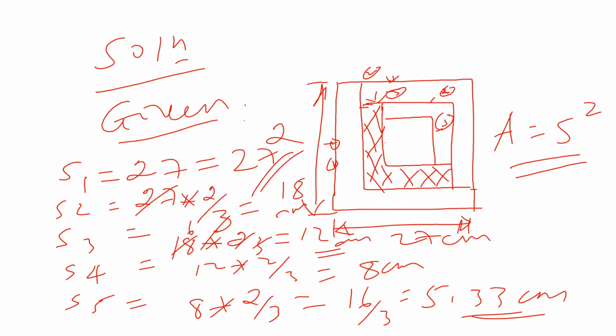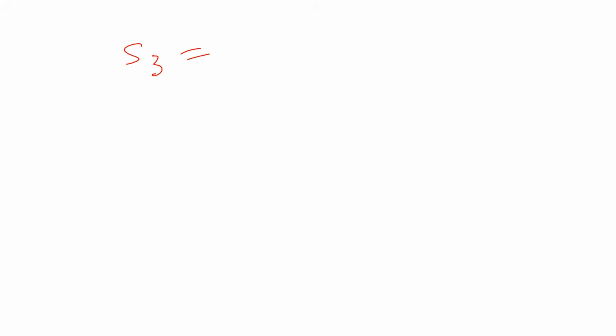Then we are asked to calculate the area of the shaded region. The shaded region is between square 3 and square 4. So we have to know the side lengths of square 3 and square 4. The side length of the first is 27, the next is 18, the next is 12.